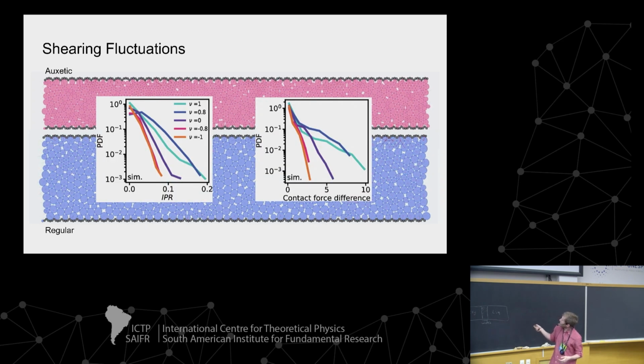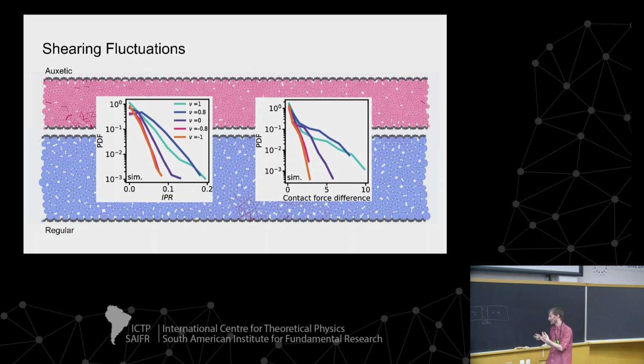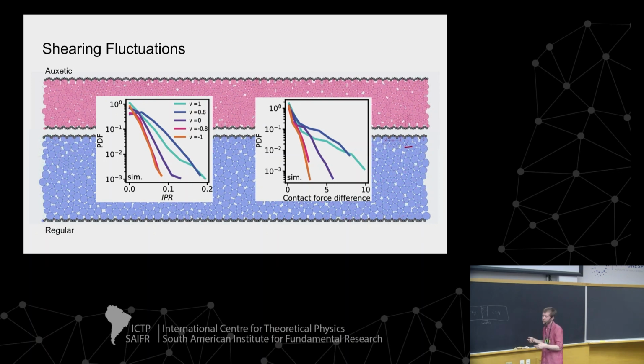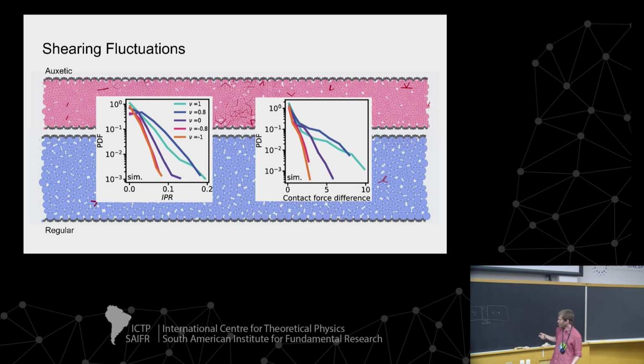And here, this IPR is the inverse participation ratio, and this is the contact force difference. We see that in the regular system, we get longer tails, meaning that we have bigger avalanches in the regular grains compared to the auxetic grains.